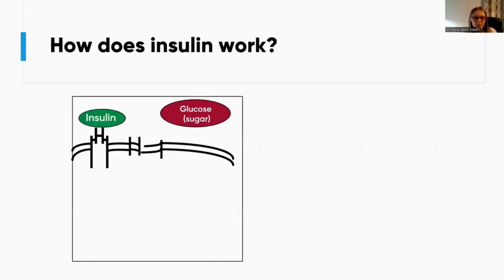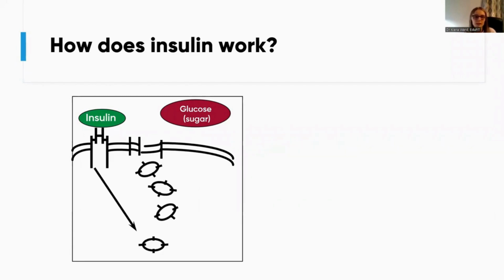What happens then is our insulin will bind to the receptor on the outer surface of the muscle cell, and this causes a big cascade, lots and lots of downstream signaling. But specifically, there are sugar or glucose transporters in our muscle cell.